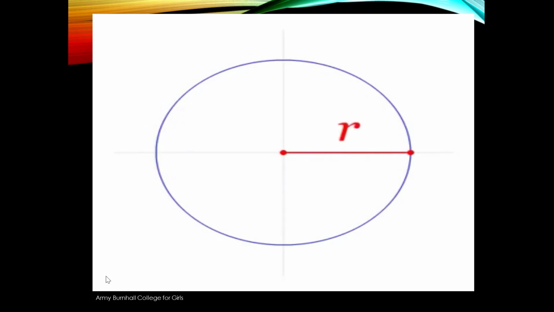So here we can illustrate that if we consider a circle of radius small r and we take an arc length equal to the length of the radius of the circle, then the angle subtended at the center will be equal to 1 radian.